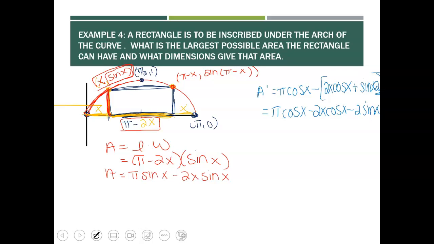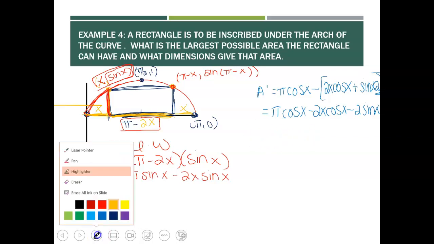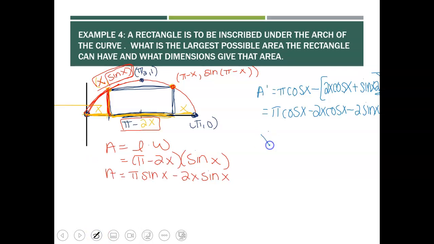So you have pi cosine x minus 2x cosine x minus 2 sine x. There's no way we would know what these are. So what you would do is go to your graphing calculator, set that derivative equal to 0, and find the x values at which that occurs.